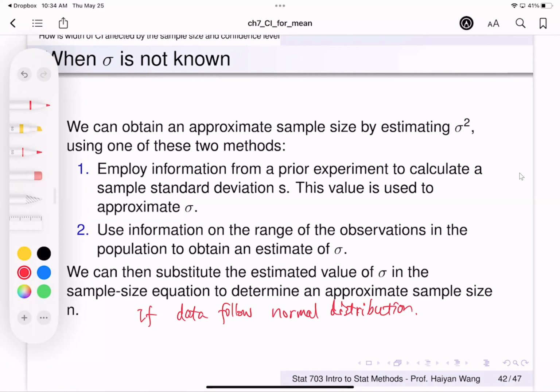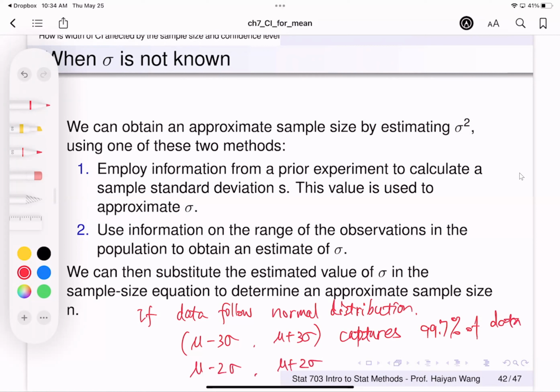So mu minus 3 sigma to mu plus 3 sigma captures 99.7% of data. And if we consider mu minus 2 sigma and mu plus 2 sigma, so plus or minus 2 standard deviations, that captures 95% of the data.